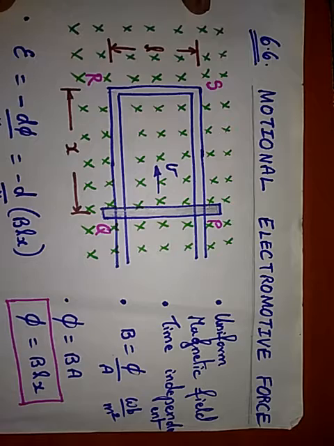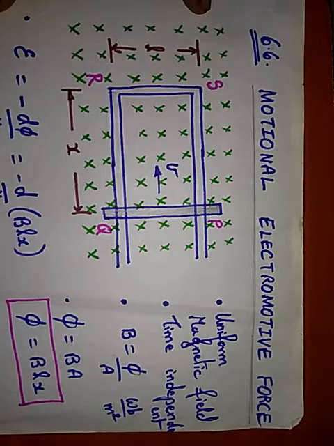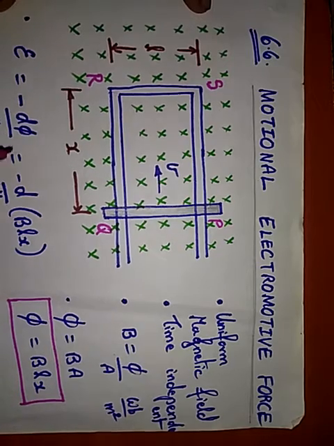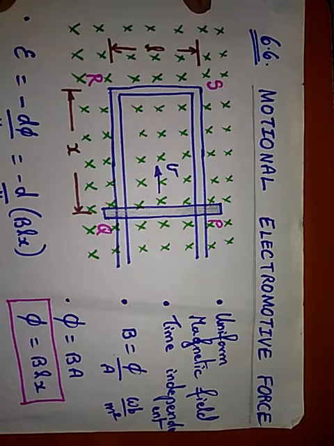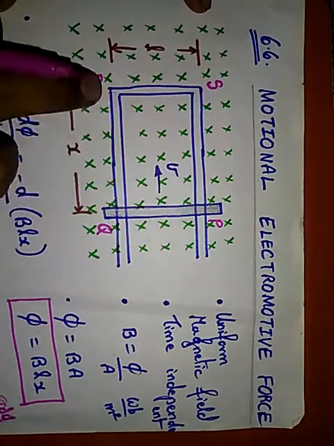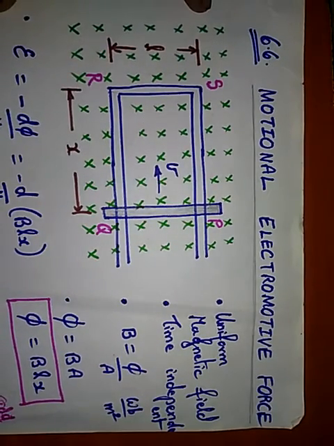Now we know the induced EMF is equal to N d phi by dt, or L di by dt. Now we assume one turn, that means one closed rectangular loop, so we use minus d phi by dt.